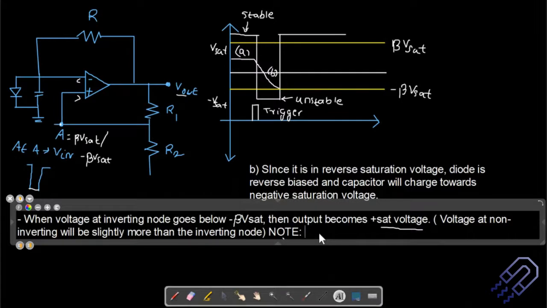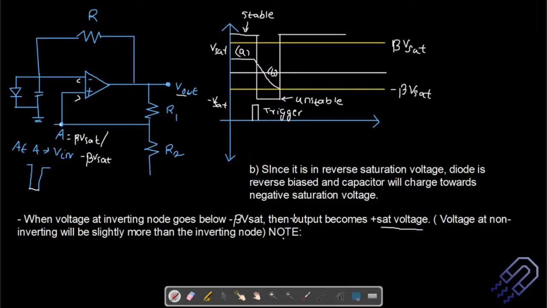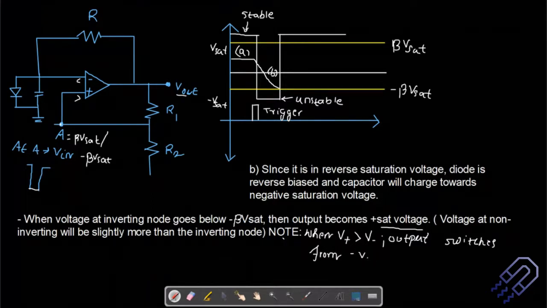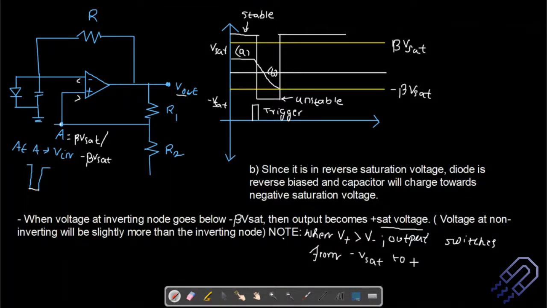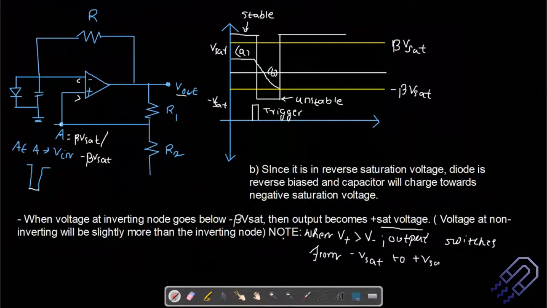So in the note part, I just like to tell you this: when V plus, that means the voltage at the positive terminal, is greater than the voltage at the negative terminal, you basically have got the output which switches from minus V sat to plus V sat.